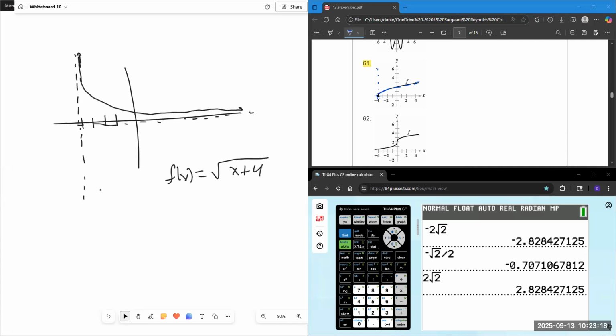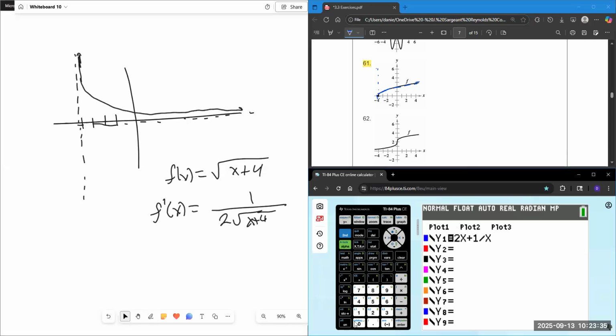And you can know from pre-calculus that that's a square root function that's been shifted 4 to the left. And that means that the derivative function is going to be 2 over root x plus 4, the 1 in the top. And we'll look at what that actually looks like here.